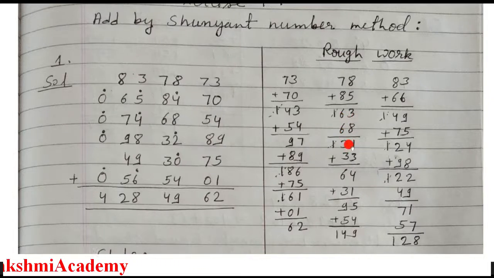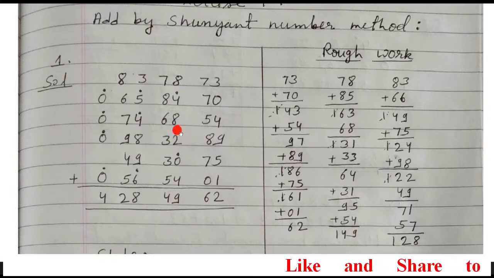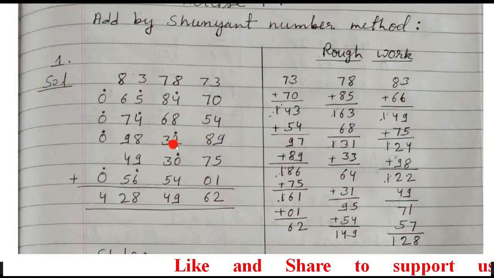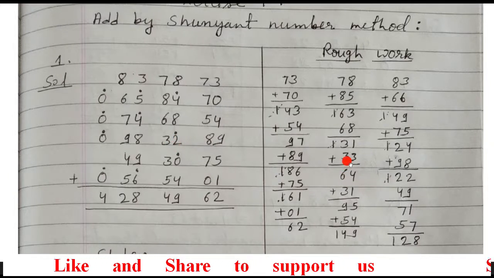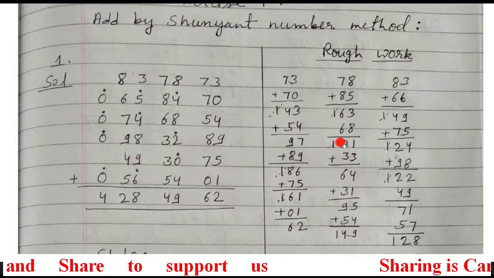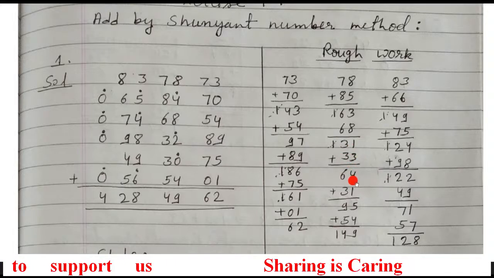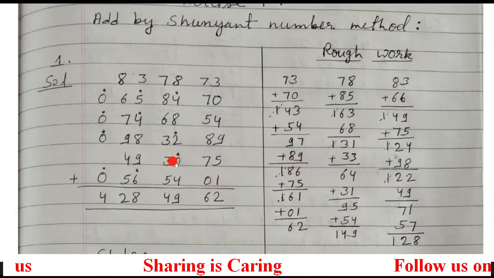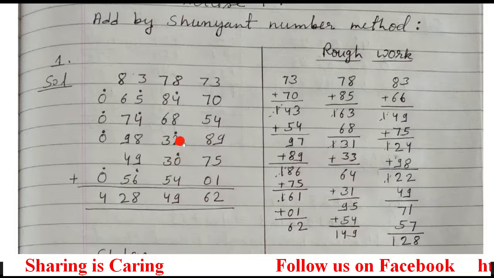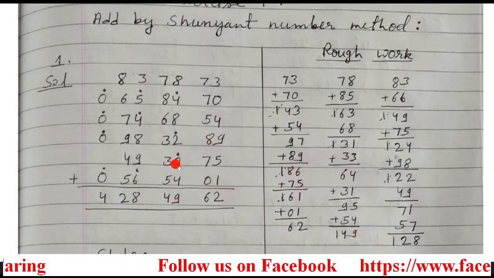Now 31. After 68, what number do we have here? It's 32, but because of this Ekadika dot we have to do one more, so it's going to be 33. So here just write down 33. Add them: 31 plus 33 is 64. Then after 32 we have now here 31.